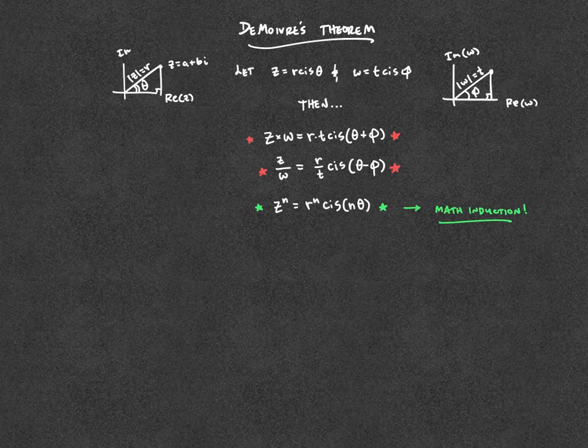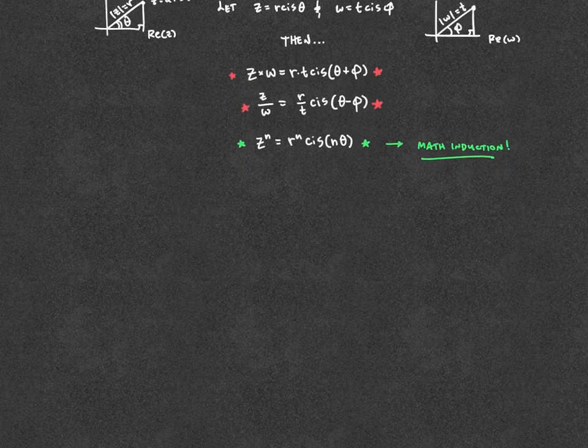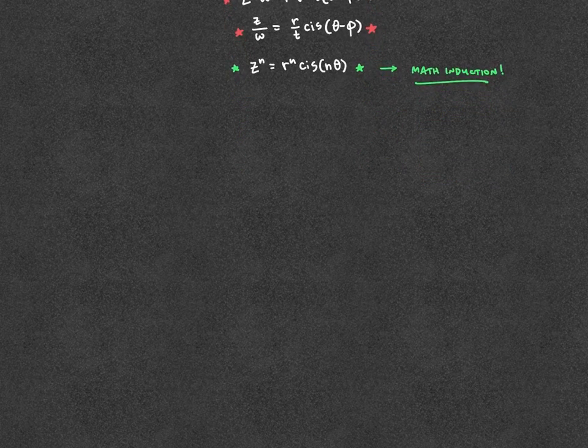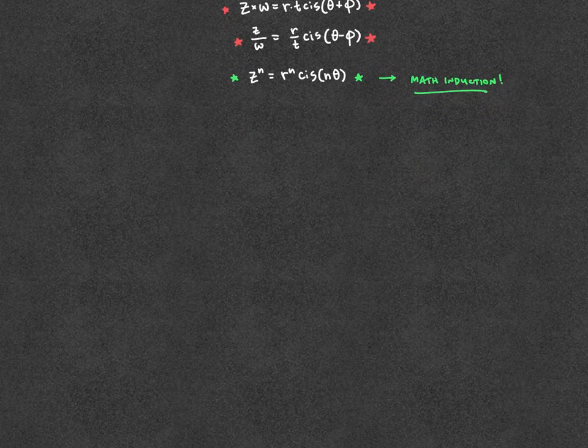Okay, so let's jump into the derivation of these two red starred expressions. Okay, so I'm going to go ahead and scroll down here. And I'm going to do the multiplication first. Let's pick a color. How about yellow? That works for me. Okay, z times w.